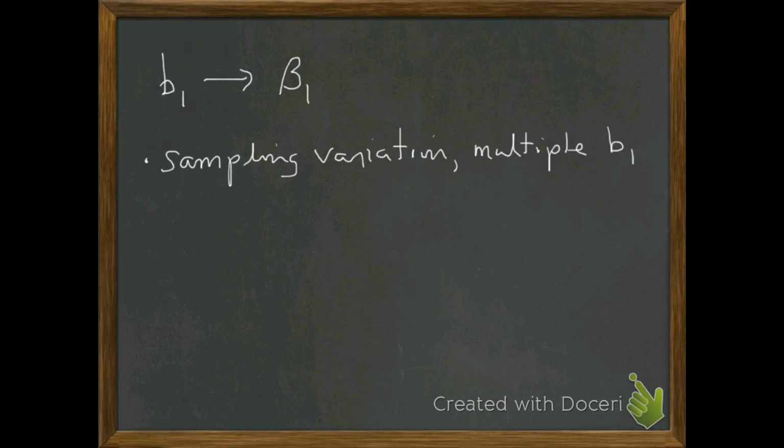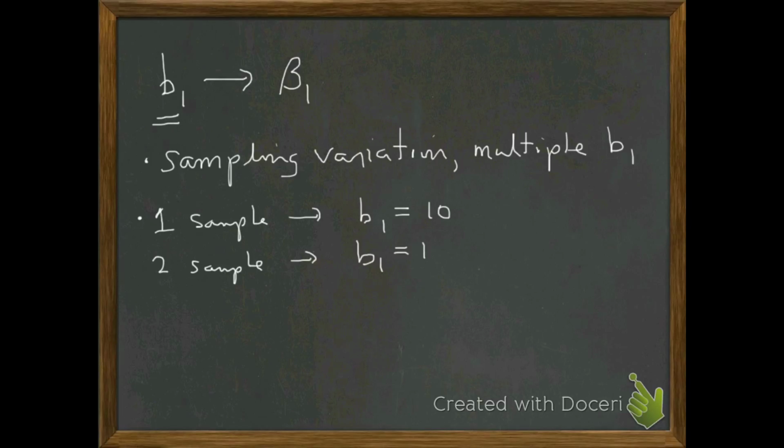Again, the one that we get just happens to be the one that we get from our sample, but our first sample, for example, could create a beta 1 of 10. A second sample, which we usually don't take, but we know it exists, may create a beta 1 of 10.5.